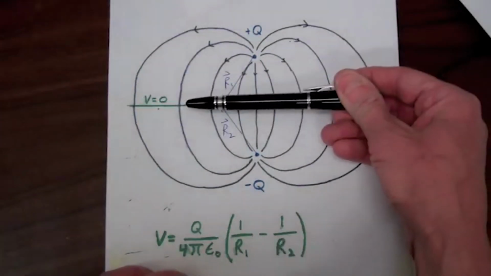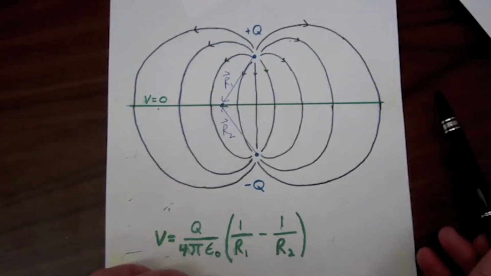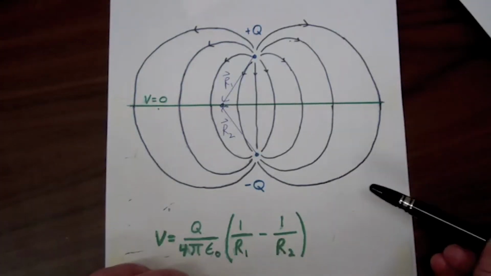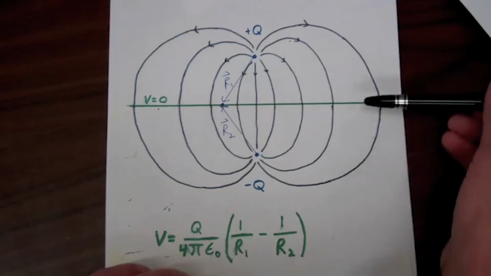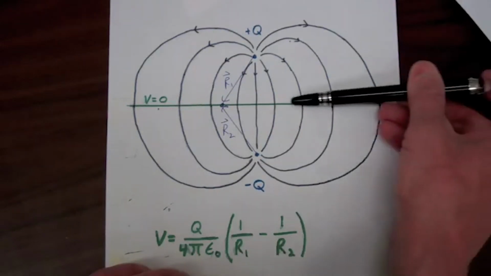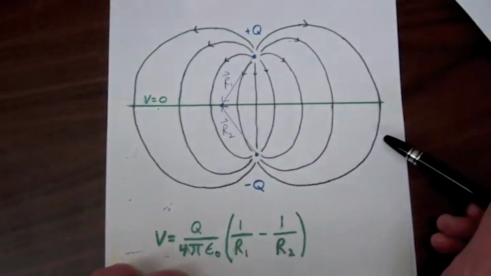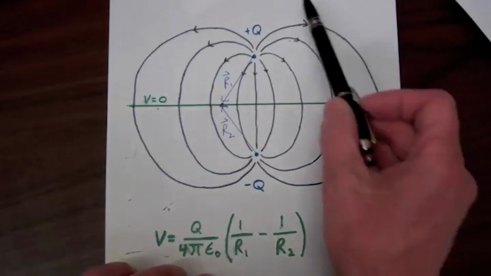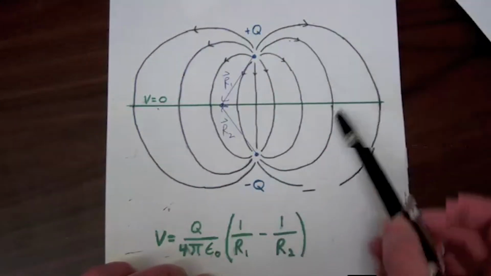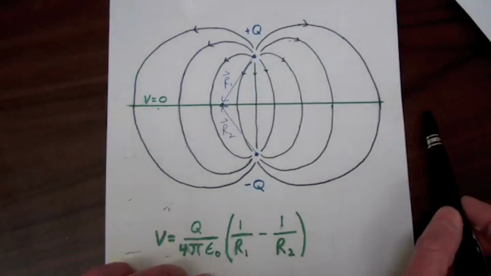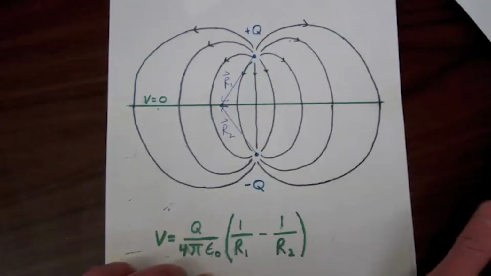Since the potential of this plane midway between our two charges is 0, we could bring a conductor of negligible thickness, a conducting plane, and slide it into this region between the two charges, and there would be no perturbation to our electric fields and our potential fields anywhere.